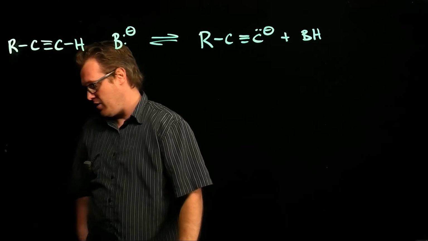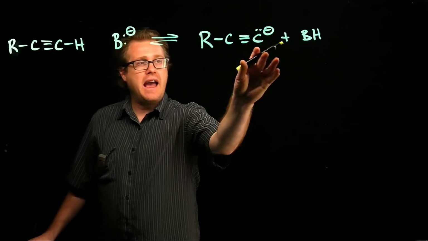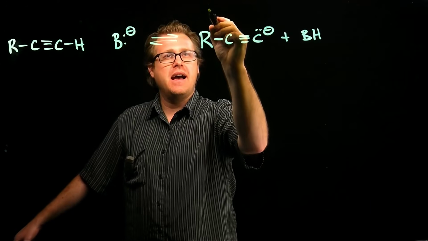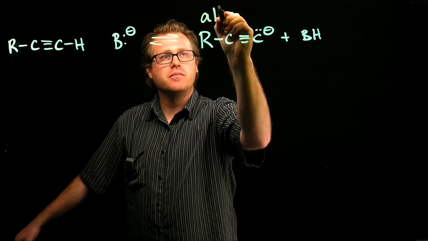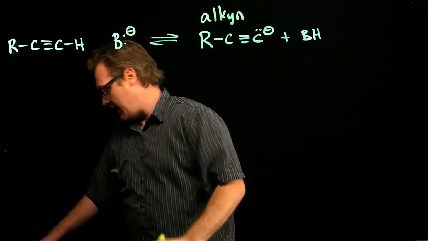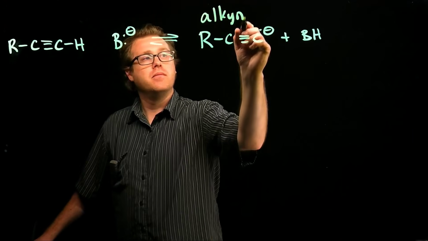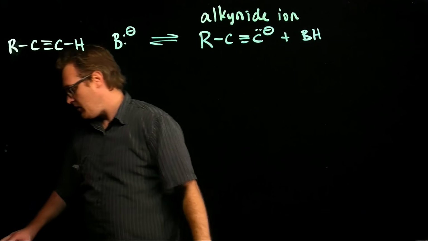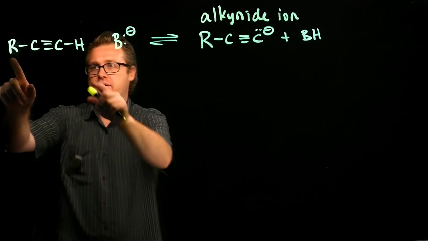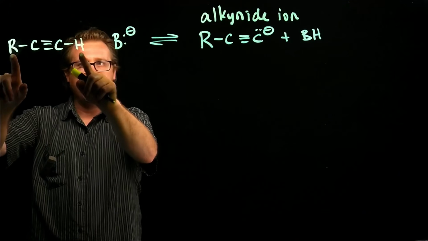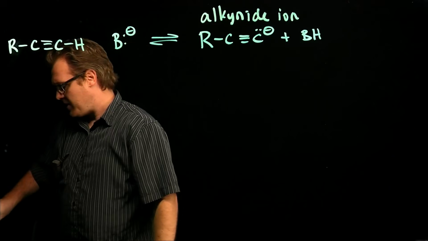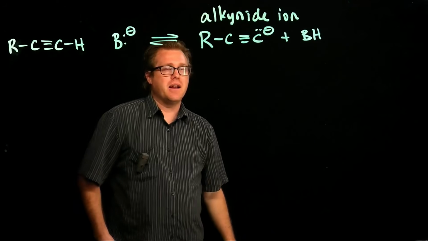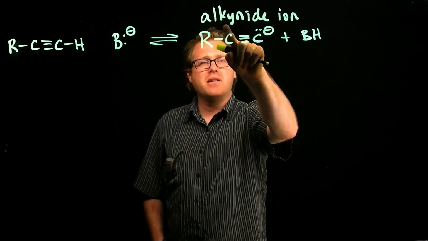Here would be a terminal alkyne, and you could form this anion right here. And this has a name, alkynide ion. When you have two hydrogens, it's the acetylide. Am I saying that right? Acetylide ion versus an alkynide ion.